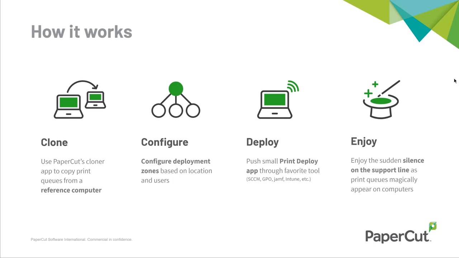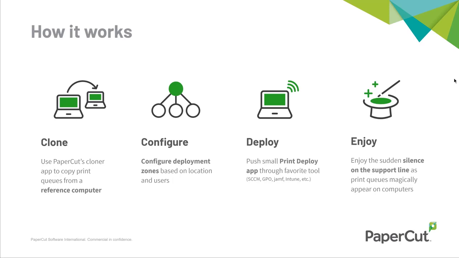Once you're happy that the print queue is set up and the print job comes out the way you expect it, you run the cloner tool that comes with PaperCut Print Deploy. This cloner tool will essentially grab your print queues, your drivers, your default settings, your capabilities, and bundle it up so that you can go and deploy it out to all your users.